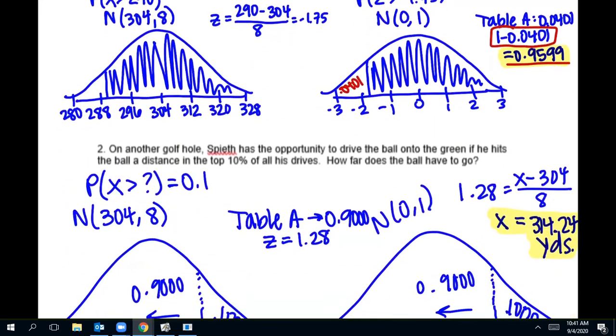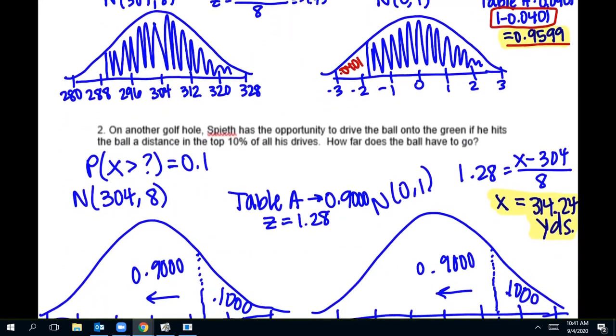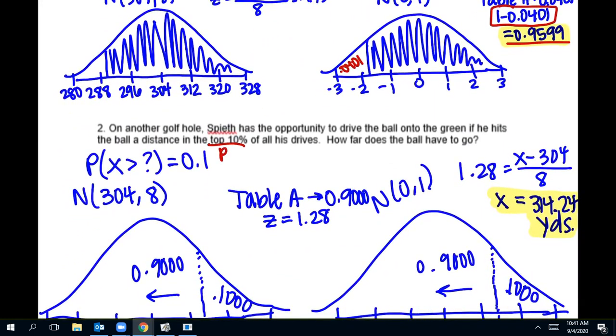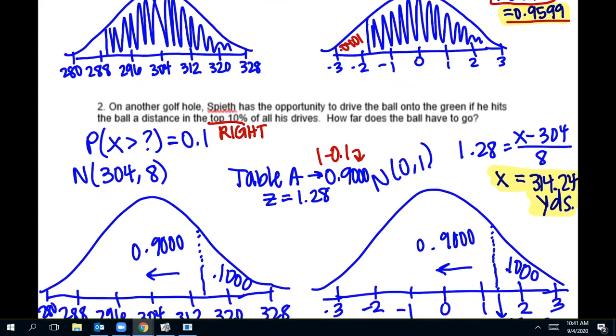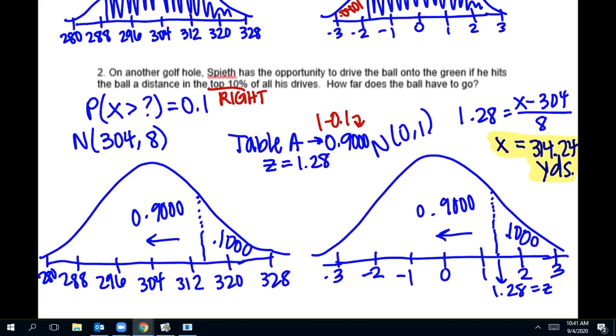Now we'll look at number 2. Again, they gave us top 10%. That's on the right. I like to do 1 minus right here to get the area to the left, and then I can just get the answer right away without having to do anything crazy. So we're looking for 0.9 in the table.